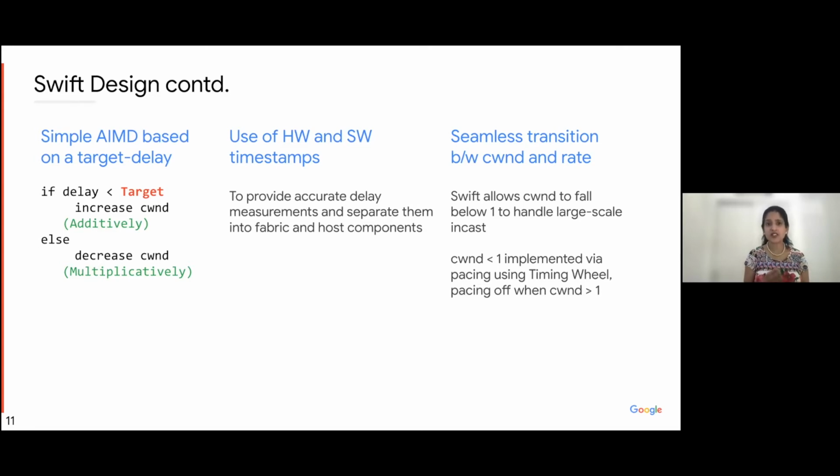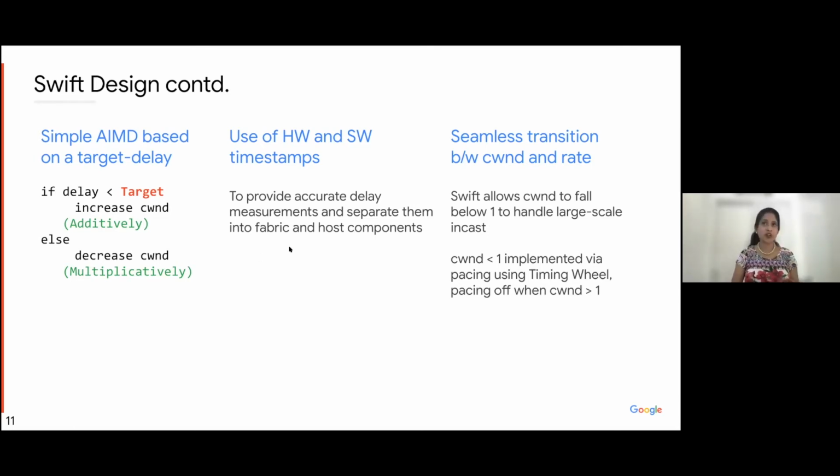It's a key tuning knob because it determines the end-to-end delay that we are willing to tolerate between any 2 hosts in the data center. So if the delay is lower than the set target, Swift increases the congestion window additively. Whereas if the measured RTT is above the target, it decreases the congestion window multiplicatively.